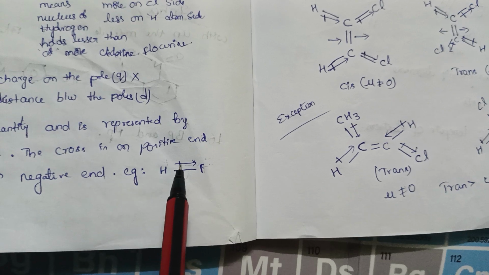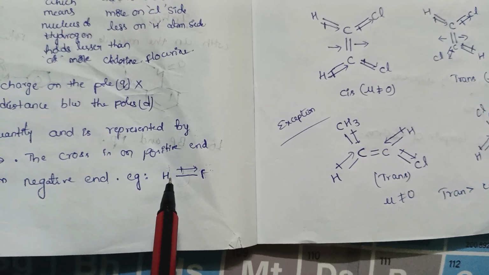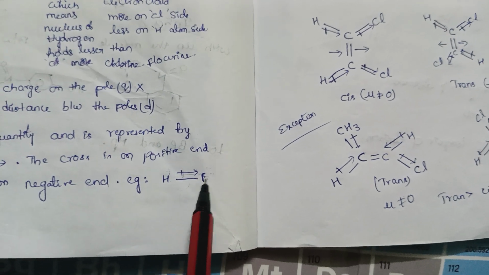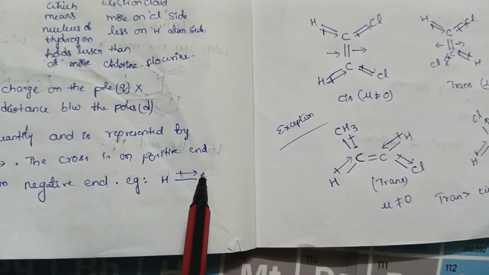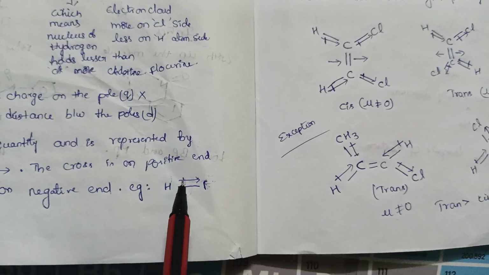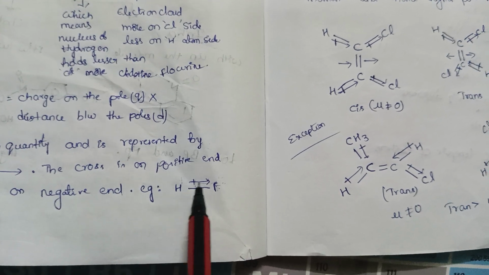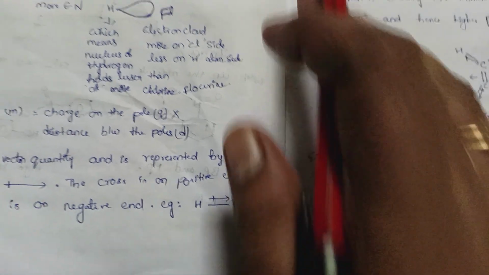So the arrow goes from partial positive charge to negative charge, and hydrogen is less electronegative than fluorine. This crossed arrow indicates that, meaning from the less electronegative atom to the more electronegative atom.